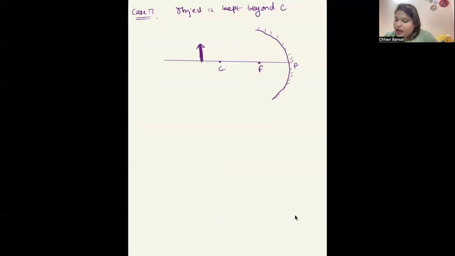Okay. Now let's pass one ray parallel to the principal axis. It will pass through the focus. Fine. Another ray, let's take it from the focus only.